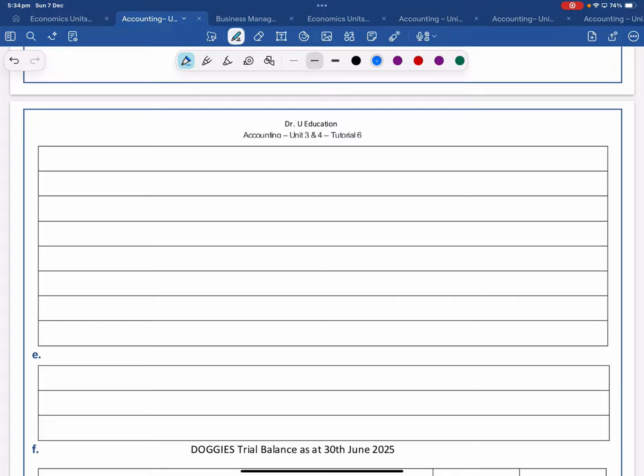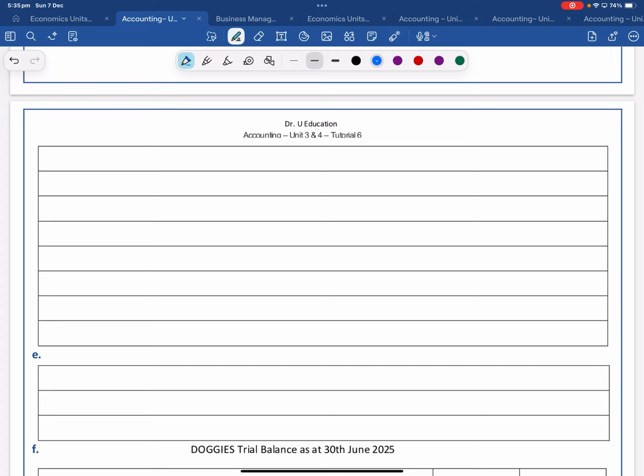Which accounting element is GST clearing affected? Liabilities. Yes, liabilities will be understated by 12. And sales will be understated by 120. Cost of sales will be understated by 80.